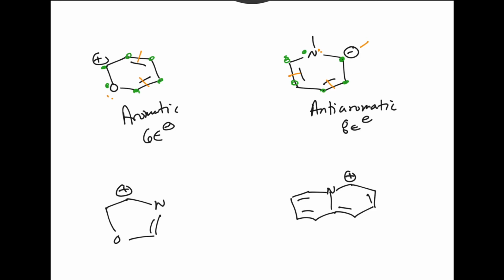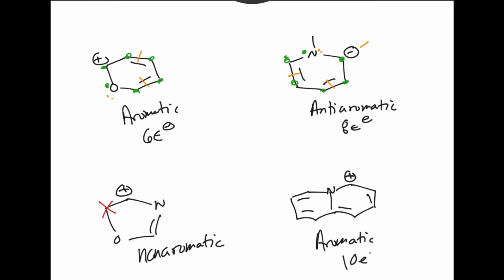Bottom left. This one's non-aromatic. Right, I don't have p orbitals all the way around. Right here, I don't have a p orbital. And then last one. This one should be aromatic.